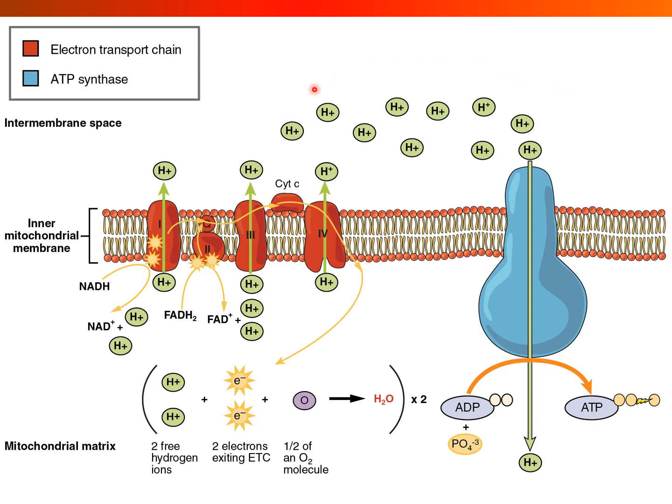Now, we're populating the inner membrane space with all these hydrogen ions. What's the big deal with that? Well, in addition to having these membrane-bound proteins, some of which are channels, some of which are enzymes, as part of the electron transport chain, this is the electron transport chain, the electrons being shuttled around from channel to channel.